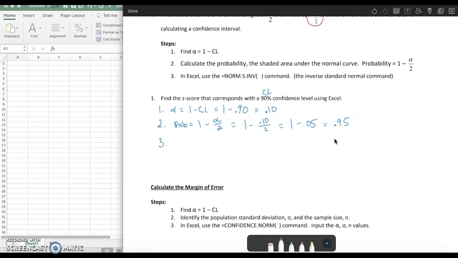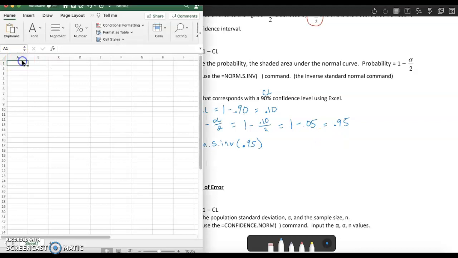Now is where I'm going to jump to Excel. I'm going to type in equals NORM.S.INV, or you can choose it when it pre-populates. And this command only accepts a probability. So we have the probability to put in there, 0.95, and it is going to tell us that value. So I'm going to hop over here to my Excel now.